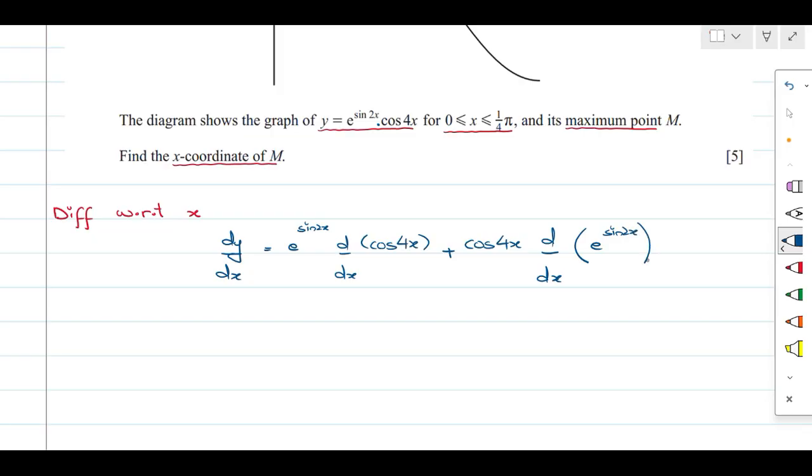Now dy over dx becomes e to the power sine 2x as it is, the derivative of cos is minus sine 4x, and the derivative of 4x is just 4, plus cos 4x as it is.